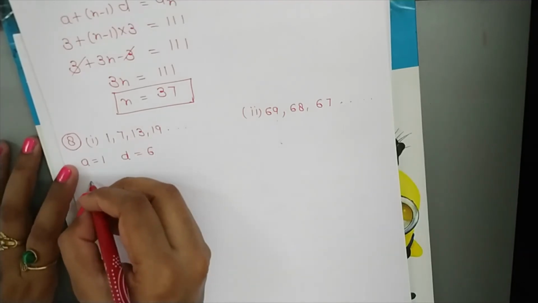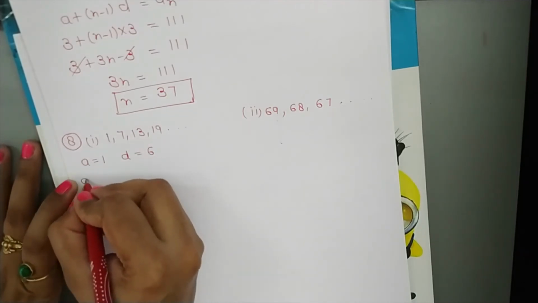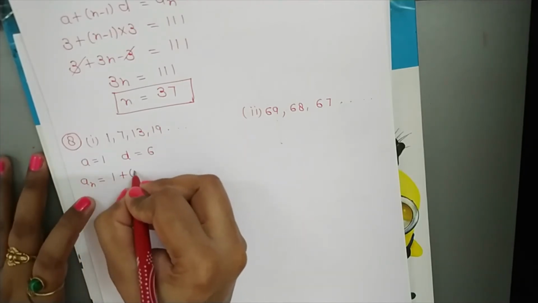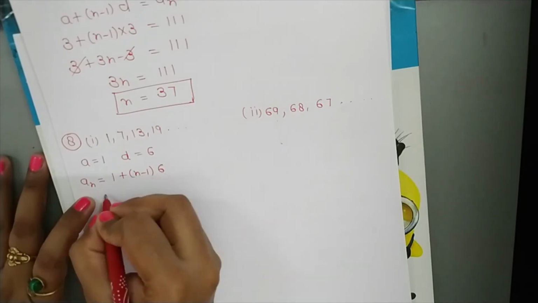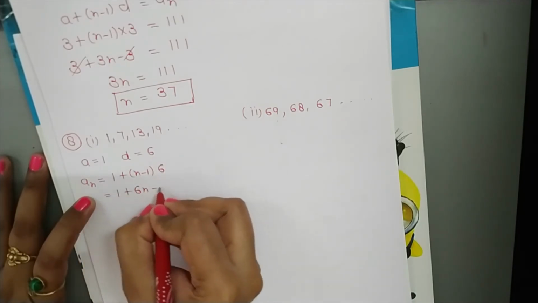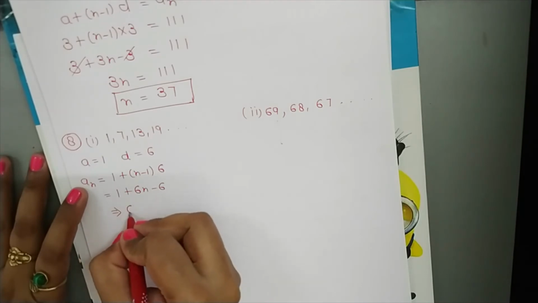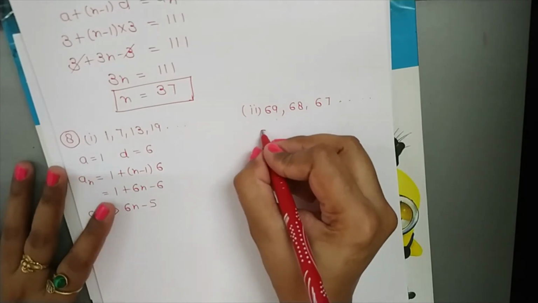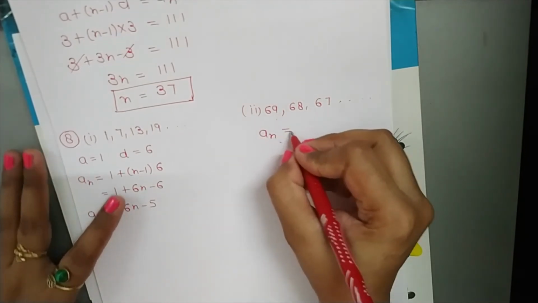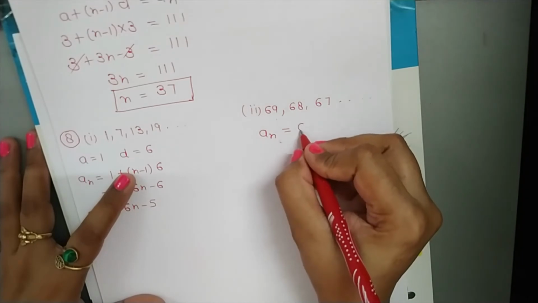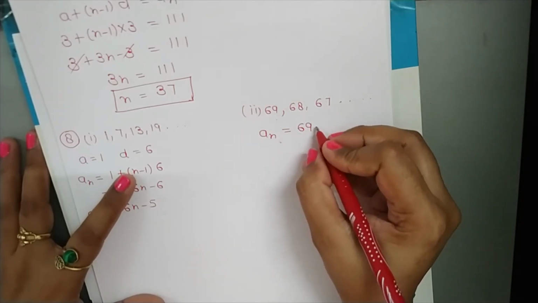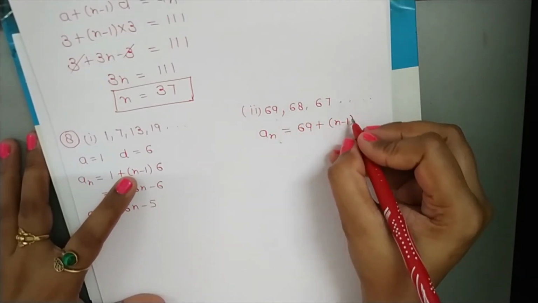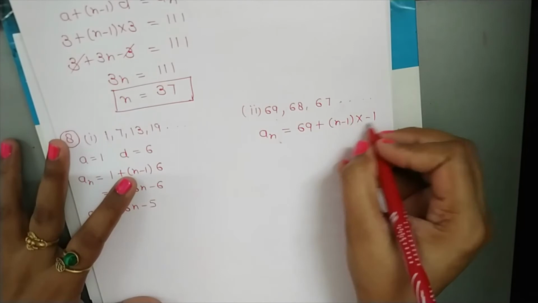Okay, so we have to find the nth term. So 1 plus n minus 1 into 6. So it will be 1 plus 6n minus 6, that is 6n minus 5. Now for the second AP, the nth term will be 69 is the first term, 69 plus n minus 1, and the common difference is -1, so we have to multiply by -1.